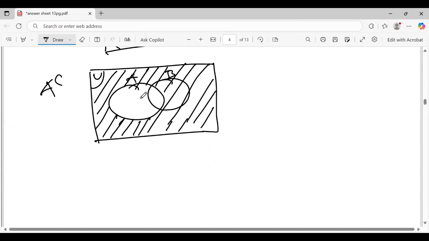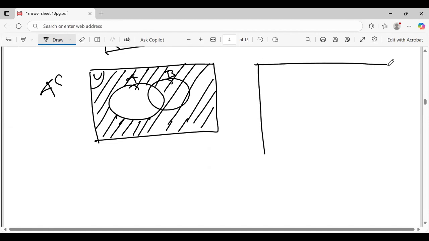So pay attention that it includes the elements of B that are not in A elements. Okay, so these are the conditions of A complement if there is an intersection between set A and set B.